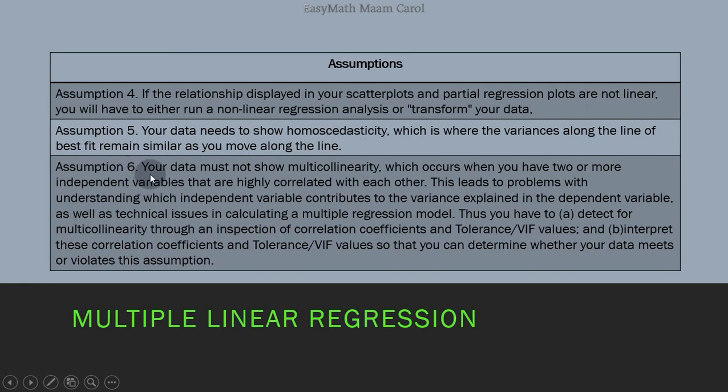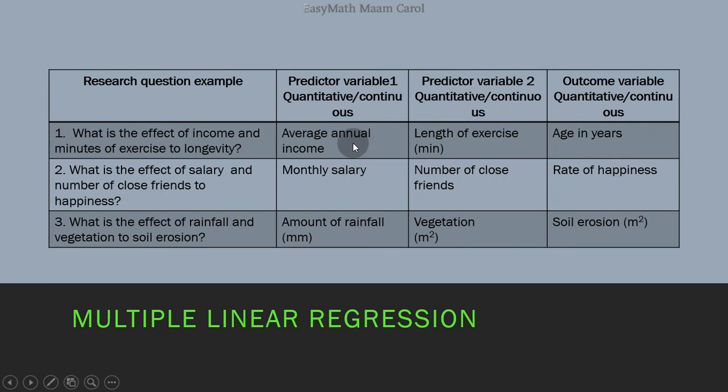The sixth assumption, your data must not show multicollinearity, which occurs when you have two or more independent variables that are highly correlated with each other. Remember that in assumption 4, you have to check the linearity between predictor 1 and outcome, predictor 2 and outcome, but there shouldn't be a collinearity between variable 1 to variable 2.